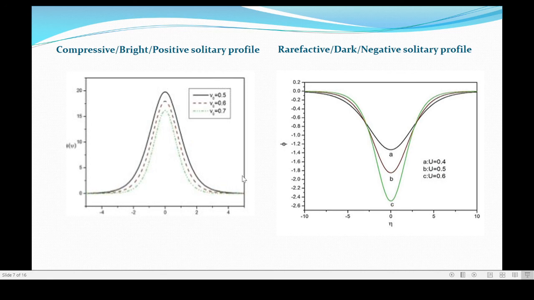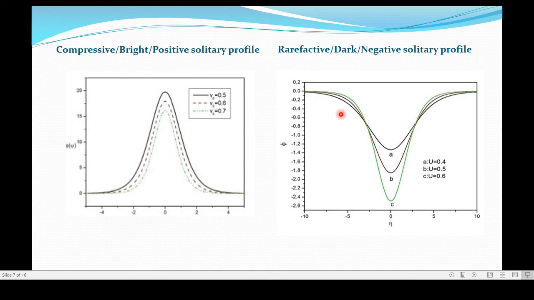Now when the peak is in the positive direction, starting from 0 here, we call it a compressive soliton. That means there is an increase in the density of particles here.